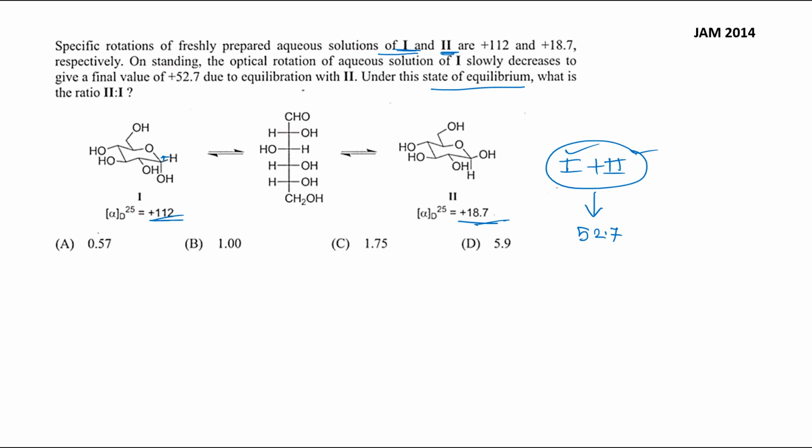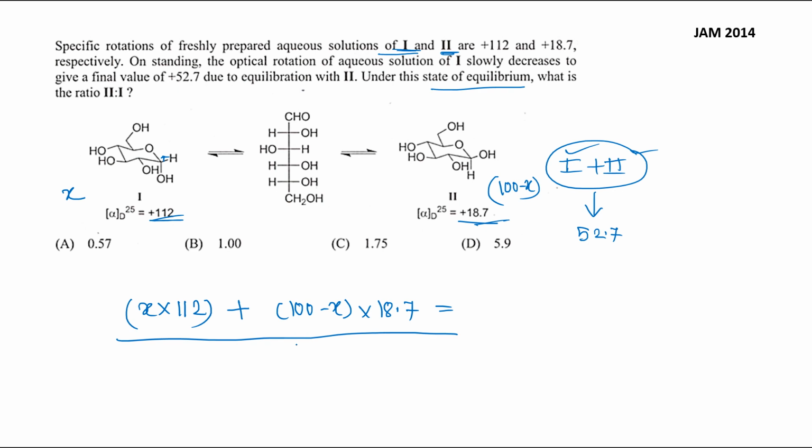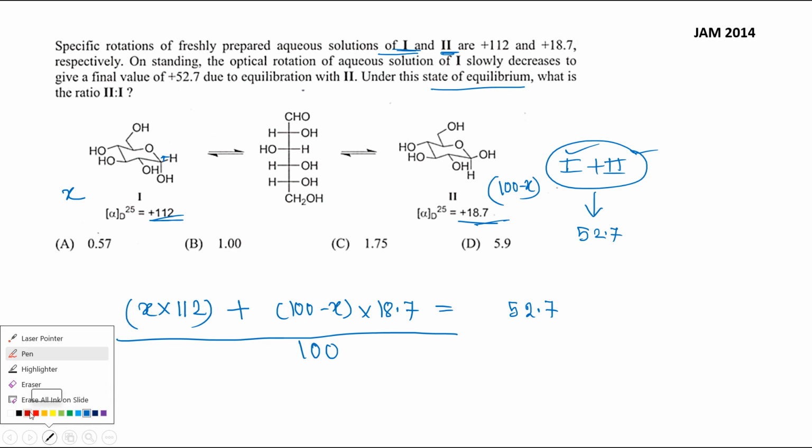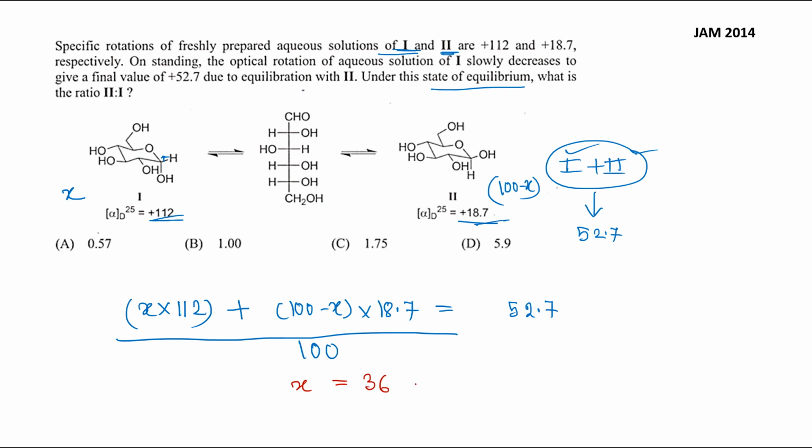Okay. So for 1, suppose I am considering this is x. So for 2, if the total amount is 100%, it must be 100 minus x. Now for 1, it should be x multiplied by 112. Then 100 minus x should be multiplied by 18.7, and divided by 100, and you are getting 52.7. Now if you solve this problem, you will get the answer for x. It will be basically 36 point something.